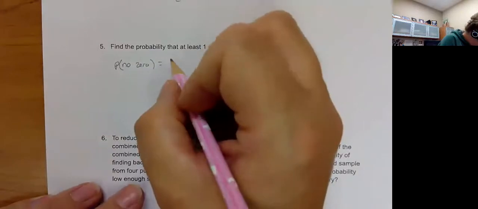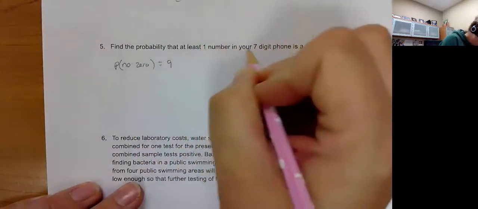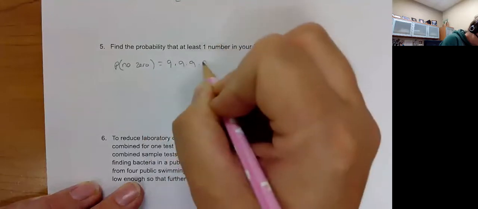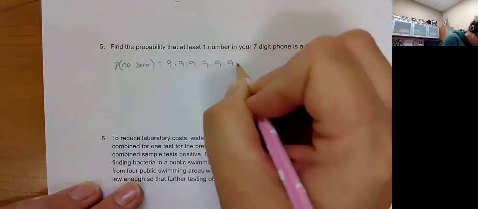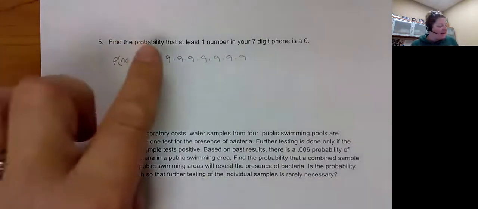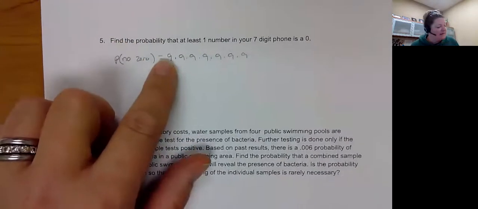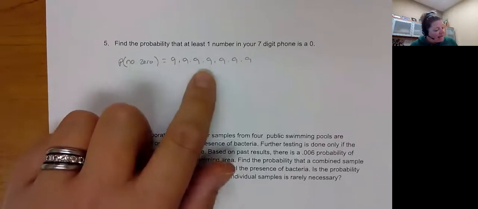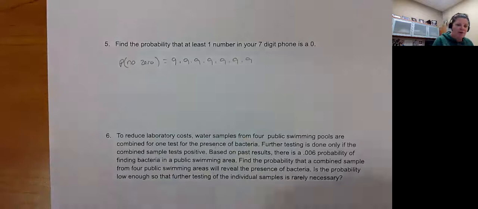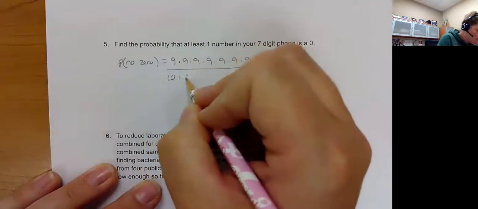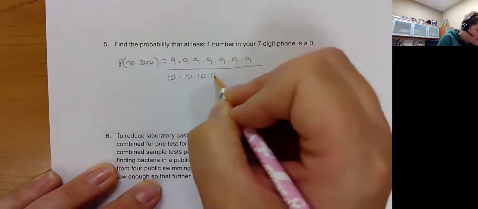So 9 digits for all 7 numbers, so I would have 7 nines because I have 9 possibilities for the first one and 9 possibilities for the next, and so forth. The denominator would be 10 because that is your total.